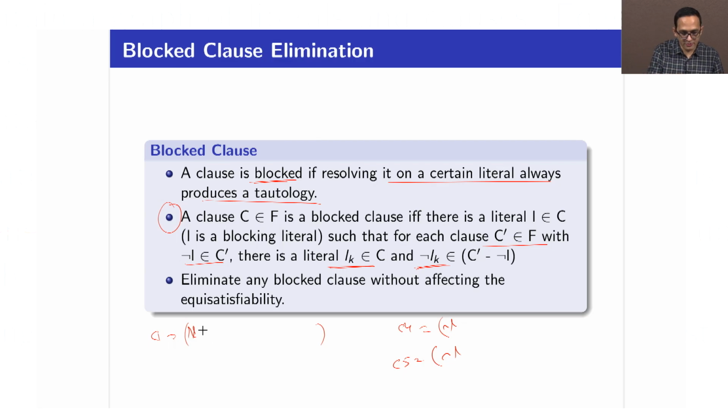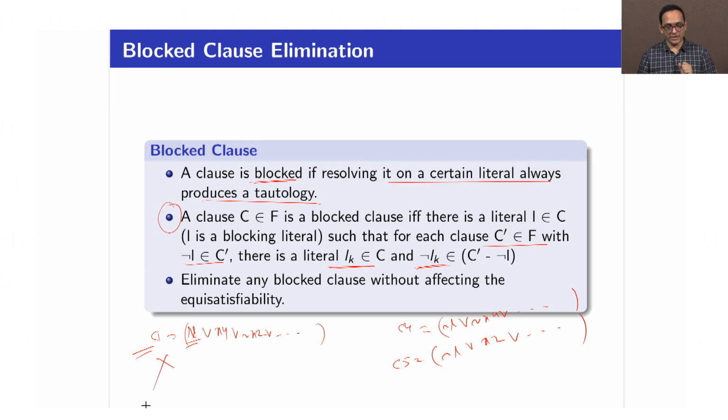Then I am saying that for all such cases, there are some variables, say x4 present here and not of x4 present here. It may be that you have not of x2 present here and x2 present here, and you have something else also, and it has something else. So, if this is the scenario, right, I am saying this is a blocked clause and this is the blocking literal, and I will remove this clause.